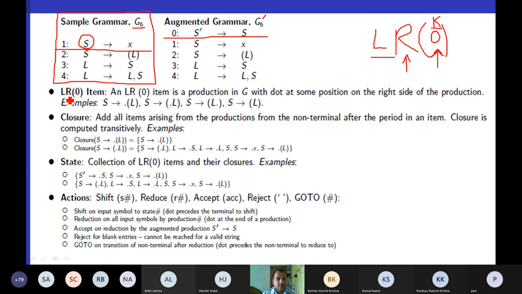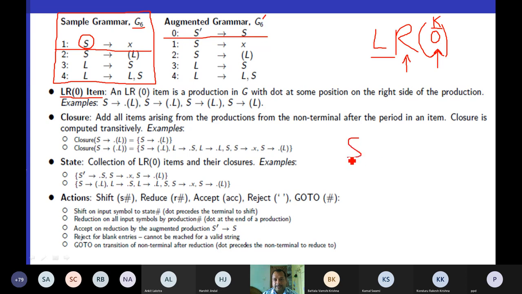Next we define LR0 items, and an LR0 item is a production in G with a dot at some position on the right hand side of the production rule. For this particular case, if I pick the second production rule, then you see how many possibilities there are.